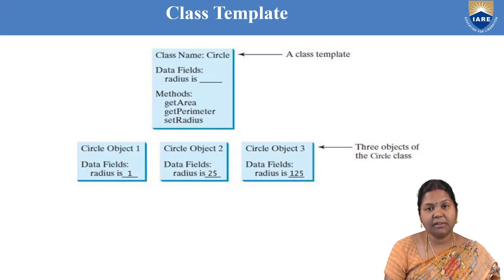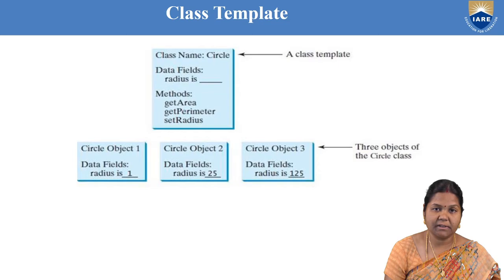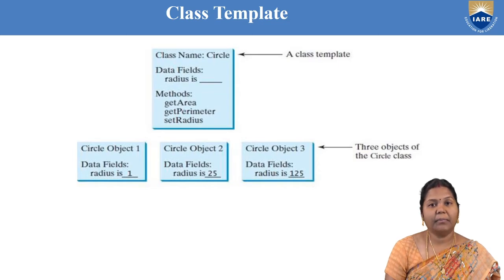Similarly, for the third object, we can take a different radius value and apply those methods, and we can compute the area and perimeter. So from this example, it is very clear that the class acts as just a template or blueprint, and you can create various instances of the class or various objects of the class, and you can use those same variables and methods.